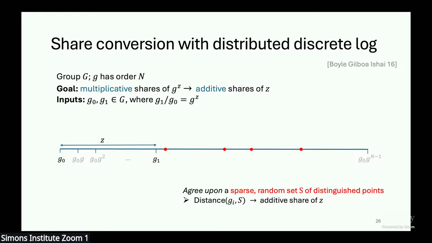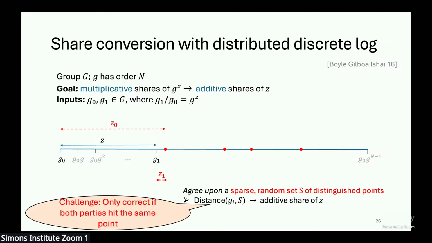And then I will just take my share G0 or G1 and try to find the closest distinguished point I can by repeatedly multiplying with powers of g. And if Alice and Bob both do this, then hopefully they will both hit the same distinguished point. And if they do that, then they get their subtractive shares of the input z.